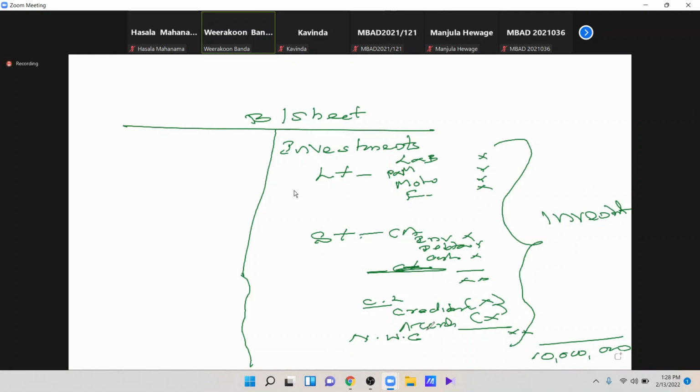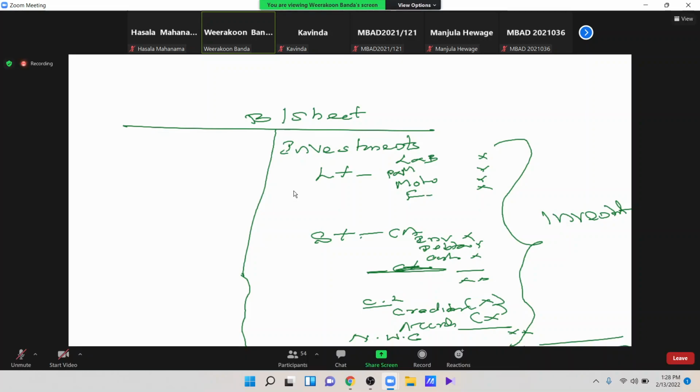So you first decide this value, your total investment. We call that firm size. Firm size is the 10 million rupee total investment here. So you decide that one first.